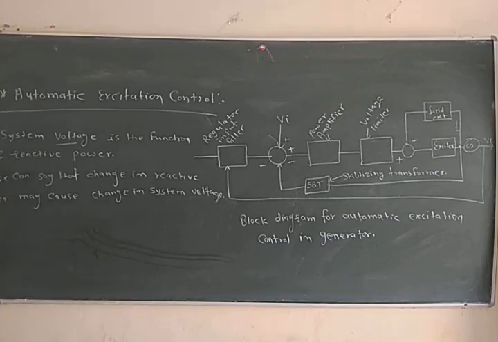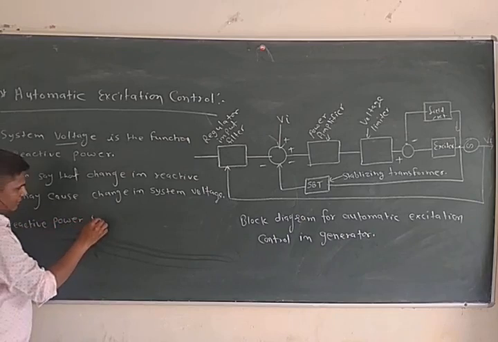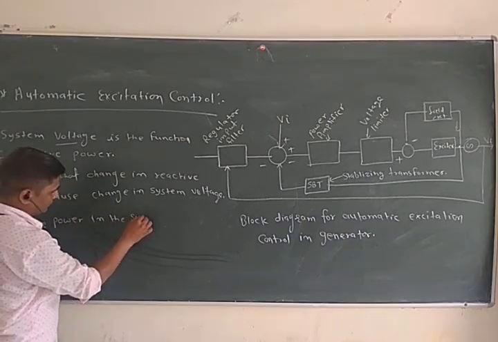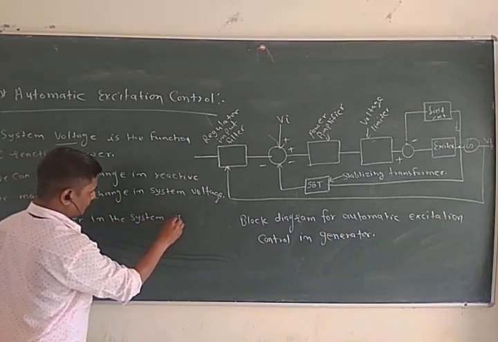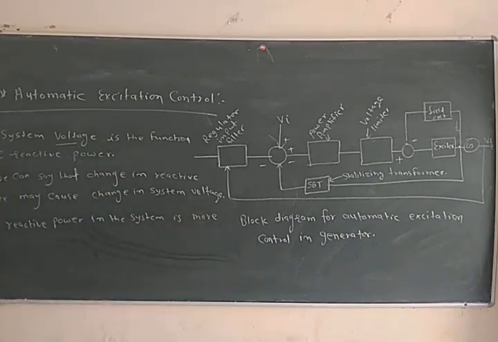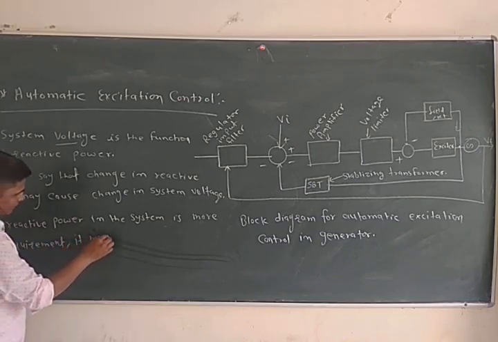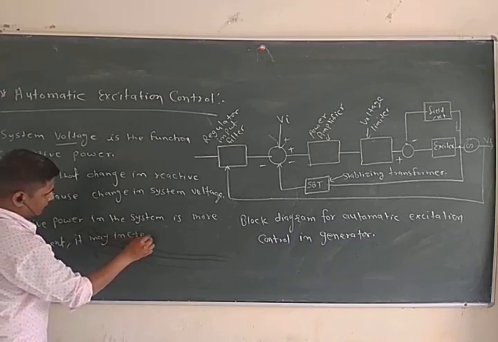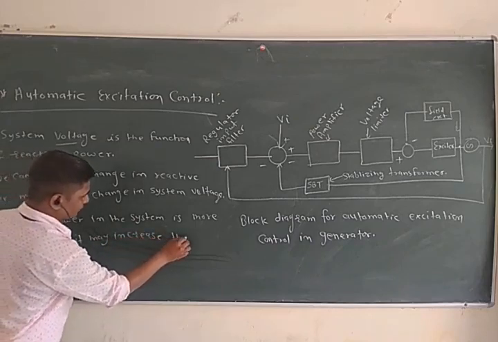So we write: if reactive power in the system is more than requirement, it may increase the system voltage.